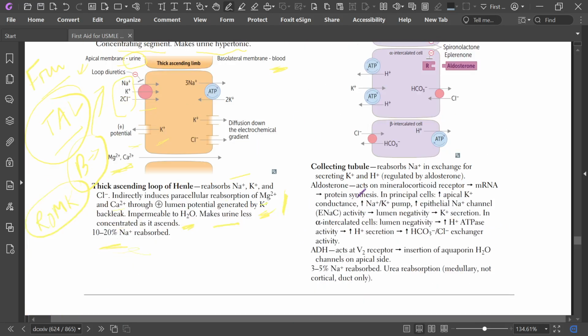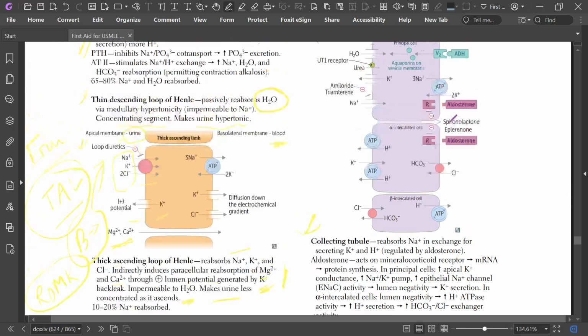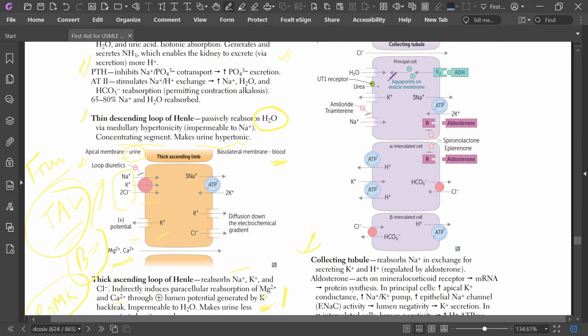And finally, the collecting tubule and the collecting duct. The collecting tubule reabsorbs sodium for secreting hydrogen and potassium, regulated by aldosterone.